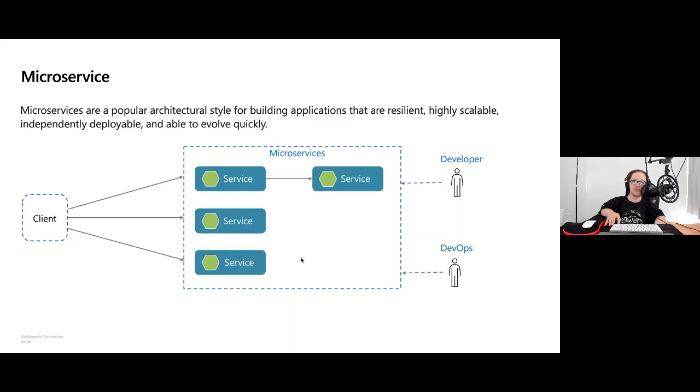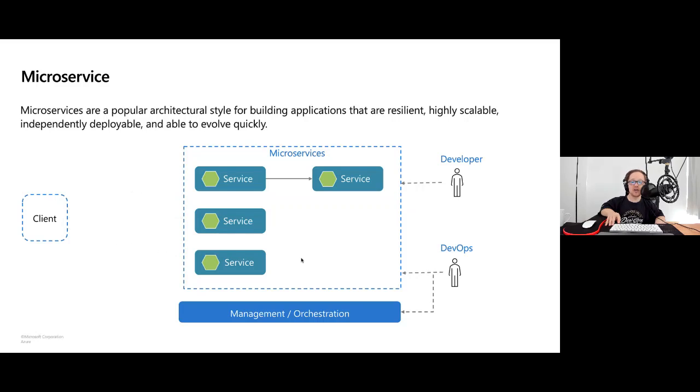Besides the services themselves, let's discuss the other components that appear in a typical microservice project. So my services need management and orchestration components. I don't want to have to manage their lifecycle myself. These components are responsible for placing services on nodes, identifying failures, and rebalancing services across the nodes.